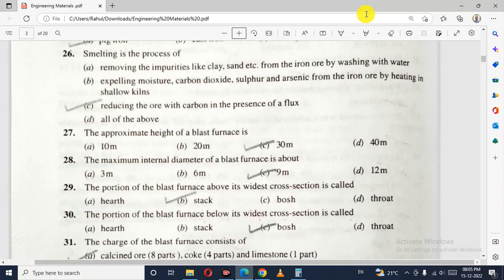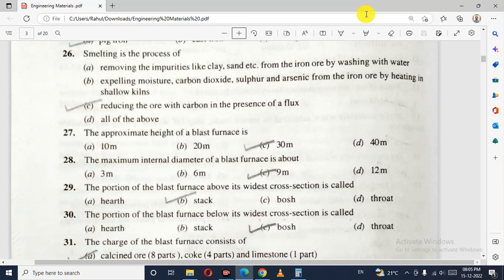The portion of the blast furnace above its widest cross section is called the stack. The portion below its widest cross section is called the bosh.